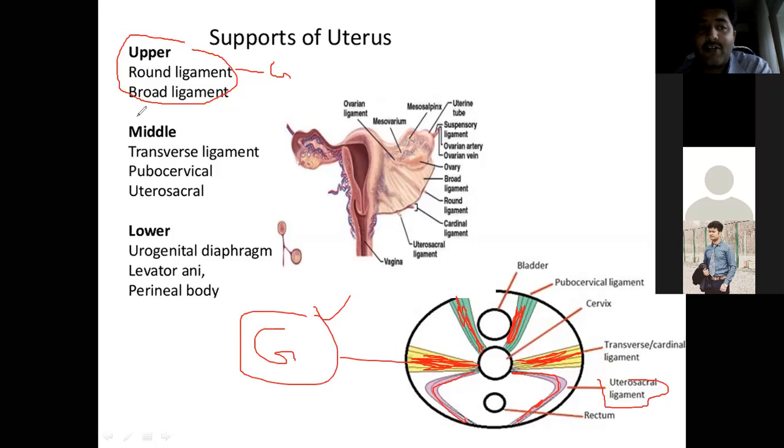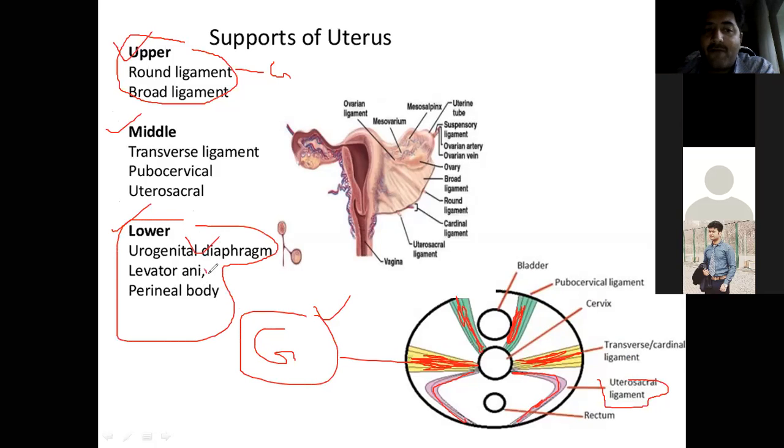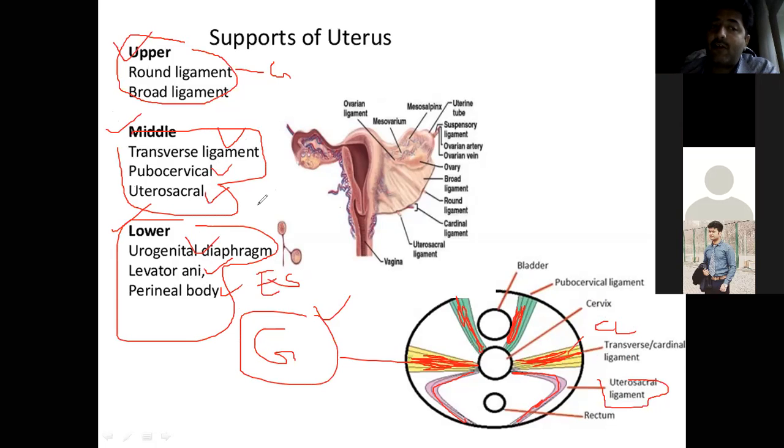Now you can see that uterus has 1, 2, and 3 supports, but the urogenital diaphragm, pelvic diaphragm, and perineal body are the excellent support. The transverse ligament, also known as the cardinal ligament, pubocervical ligament, and uterosacral ligaments are good support, but the round and broad ligament are not a good support to the uterus.